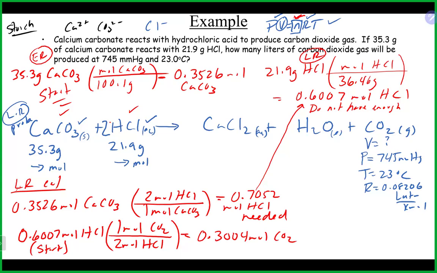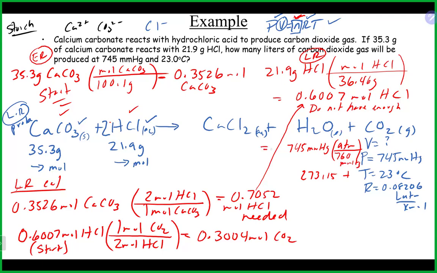Now, also before we go into the ideal gas law, we do have some conversions we've got to do. So we have to add 273.15 for our temperature, and we also have to convert our pressure into atmospheres. Remember, it has to be in atmospheres, so we have to divide by 760 to get to atmospheres.